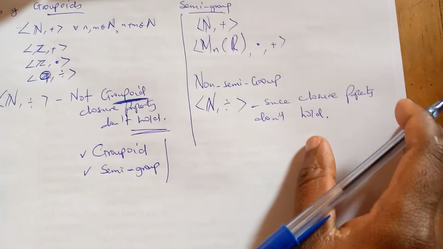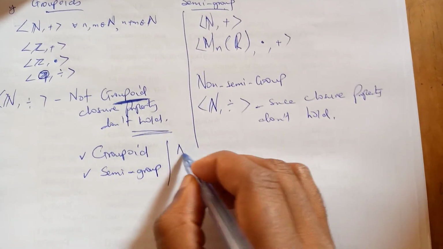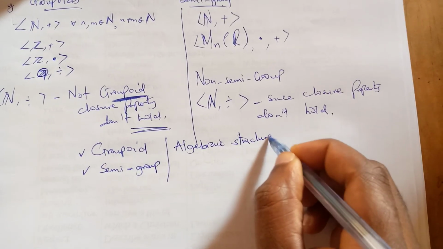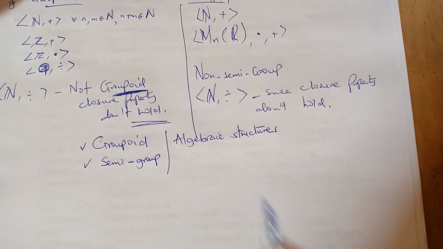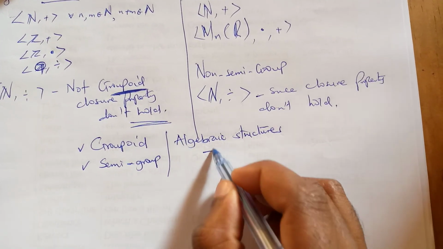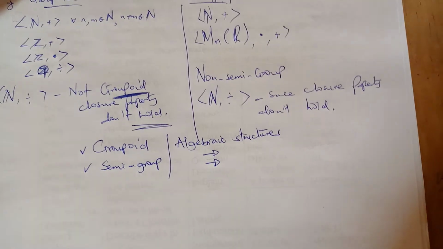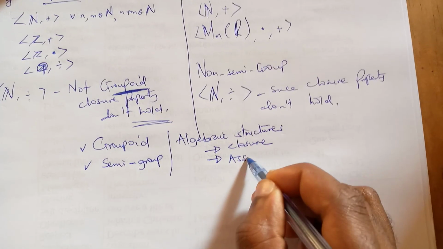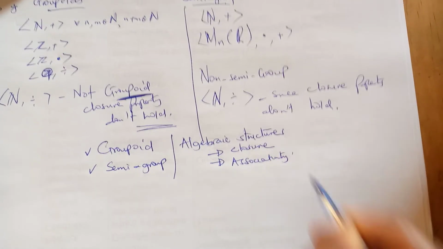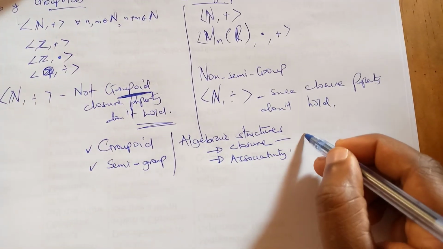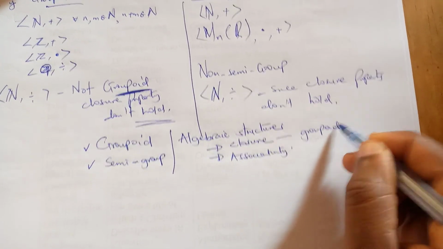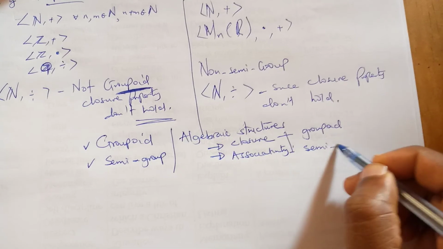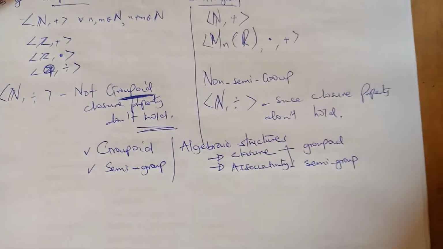We have seen that both of these are algebraic structures, and the properties that define them are very simple: the closure property and the associativity property. If it's closure alone, that becomes a groupoid. And if it's closure and associativity together, this becomes a semigroup. And we have given some examples on this.